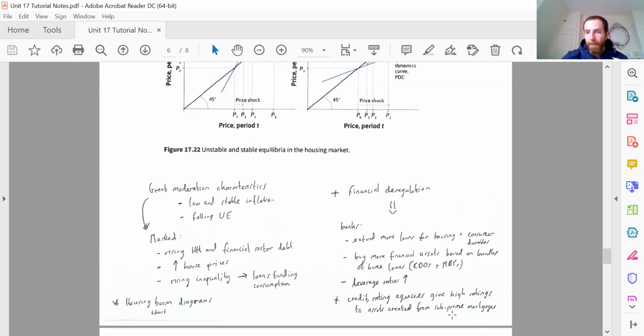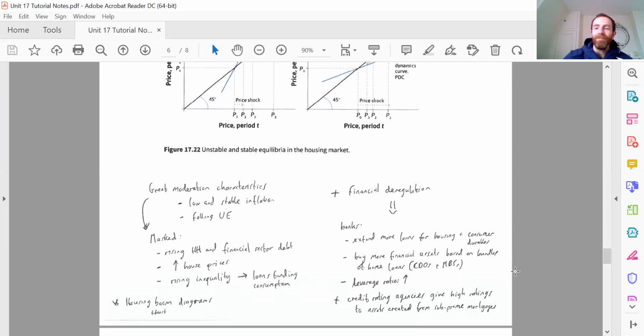Remember, subprime means a mortgage or loan given to someone who is a high risk of default, maybe doesn't have very much collateral. So even if these assets were made up of lots of subprime mortgages, credit rating agencies were still giving them high ratings. And so this kept everyone believing that the risk was minimal and everything was fine.